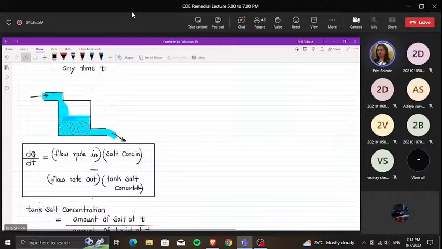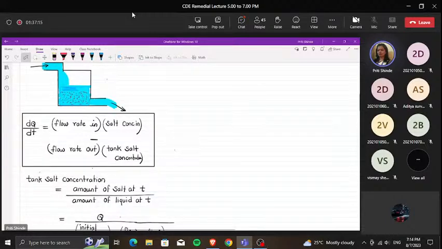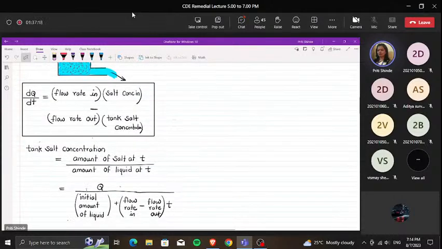So remember this formula: flow rate in into salt concentration in, minus flow rate out into tank salt concentration. To find the tank salt concentration, use Q divided by the initial amount of liquid.